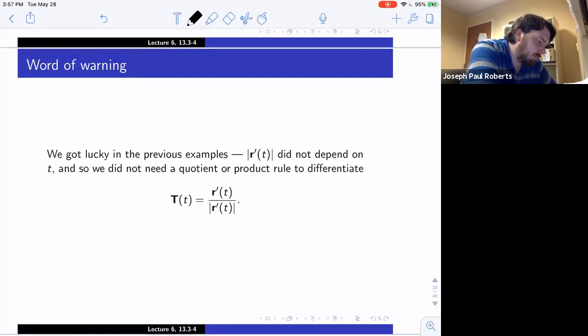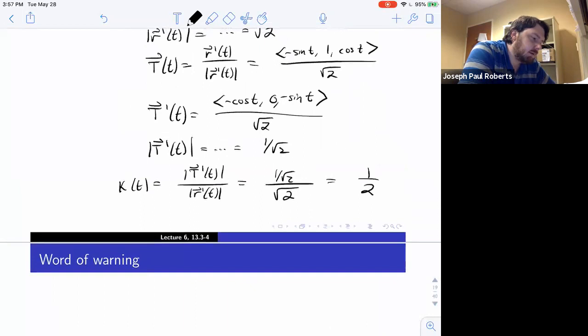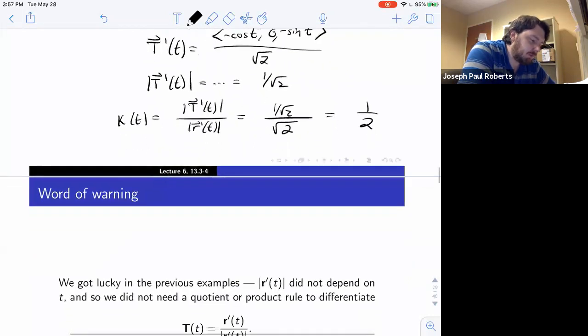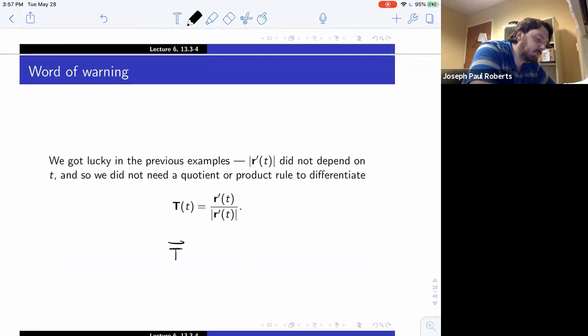And so I guess now we get to a point where I can warn you that calculating T prime can be a pain in the butt sometimes. Because if you look at T, the definition of T has the length of R prime in the denominator.